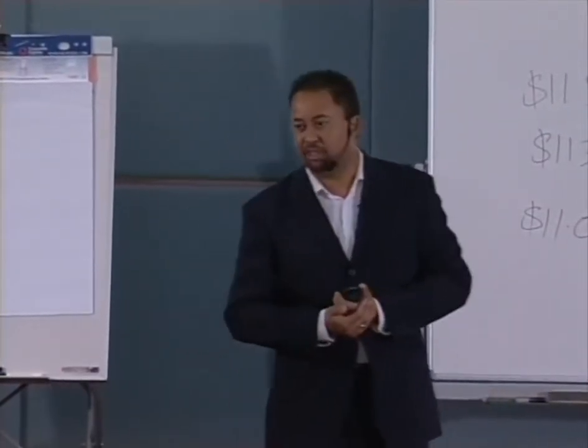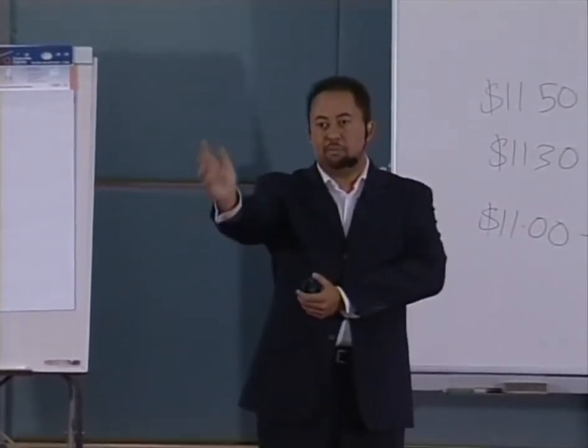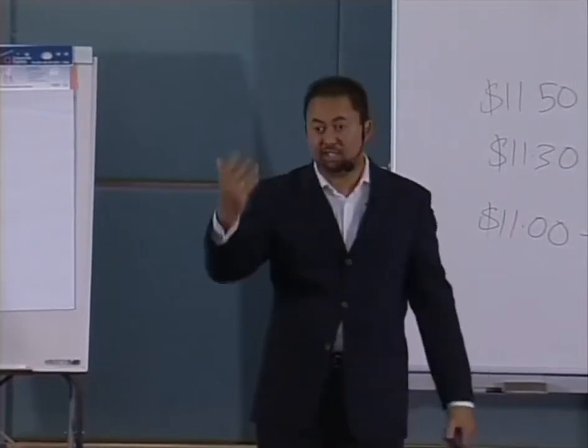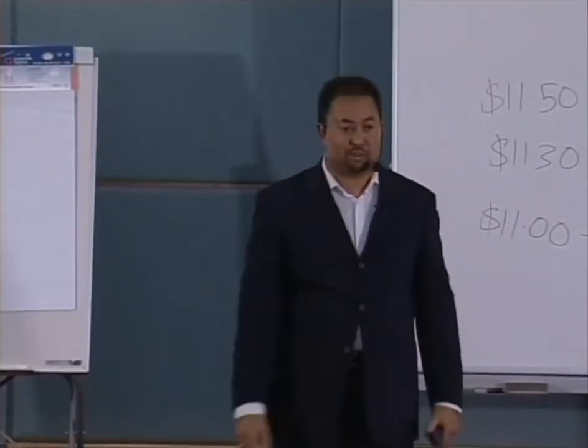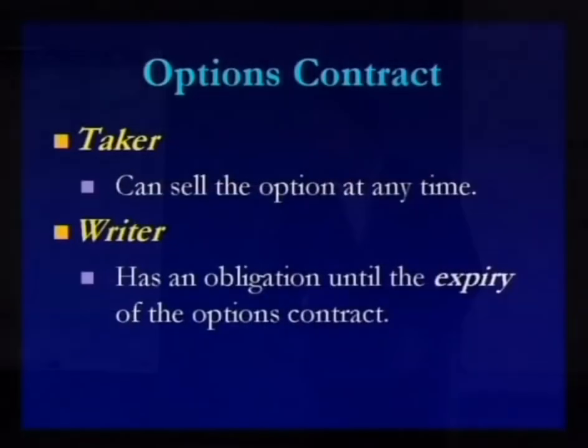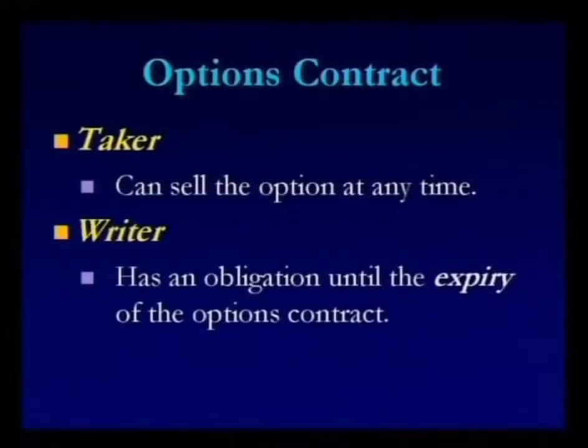Very good. So Joan could literally buy that call option for 30 cents and then sell it to someone else for 40 cents, therefore making a profit. Now the writer, on the other hand, in other words me, or in our example, us, the people who invented it and pulled it out of our brains, that's right, we have an obligation until that call option expires.